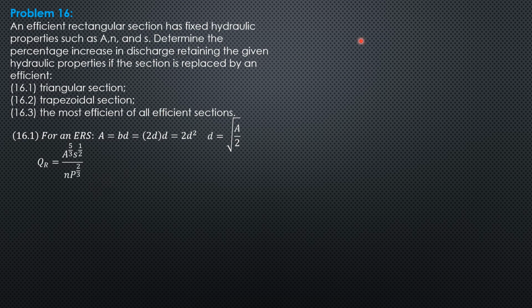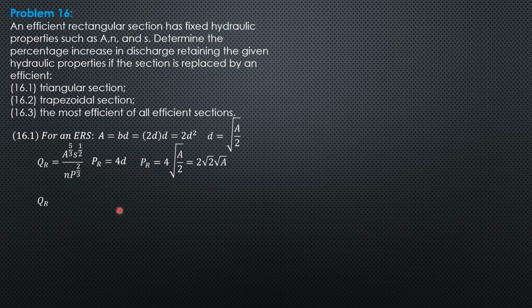By the way, the perimeter is 4D, 4 times depth of an efficient rectangular section, after we derive the proportions for an efficient rectangular section. And D is square root of A over 2.